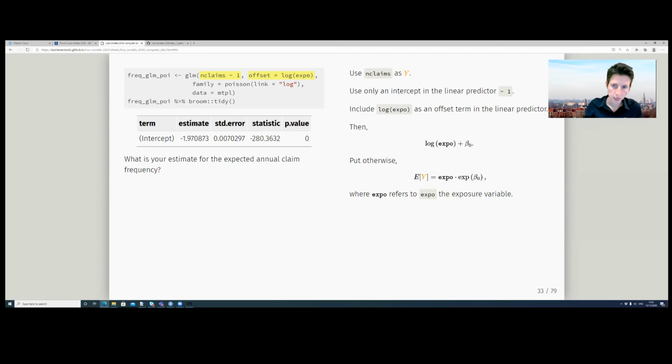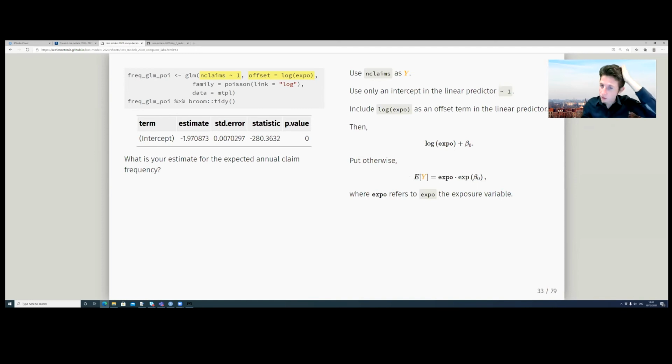So what we do now is calibrate the following structure, and you see that here on the right-hand side. We calibrate this specification for the logarithm of the expected value of y. So if we bring the logarithm to the other side, we get the expected value of y as the exposure times the exponential of beta 0.